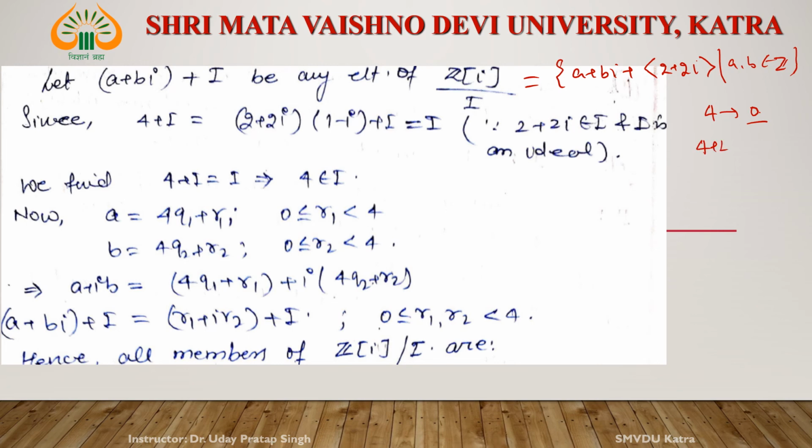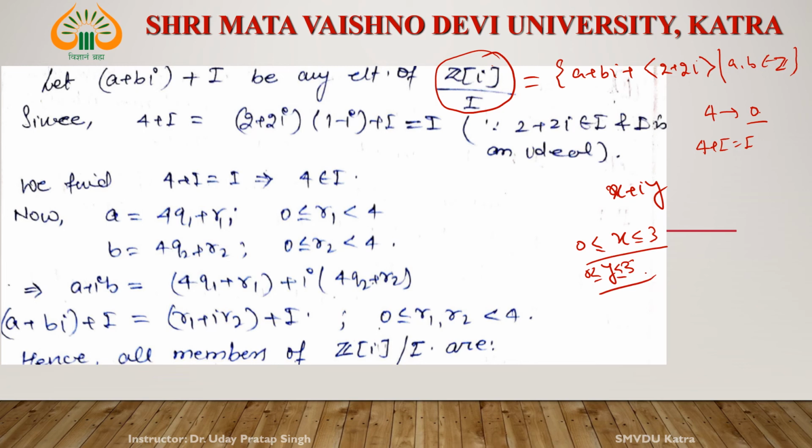Since 4 plus I is equal to I, the ideal 0 of this is I. Now if 4 is equivalent to 0, then every element of this is x plus iy, where x ranges from 0 to 3 and y ranges from 0 to 3.